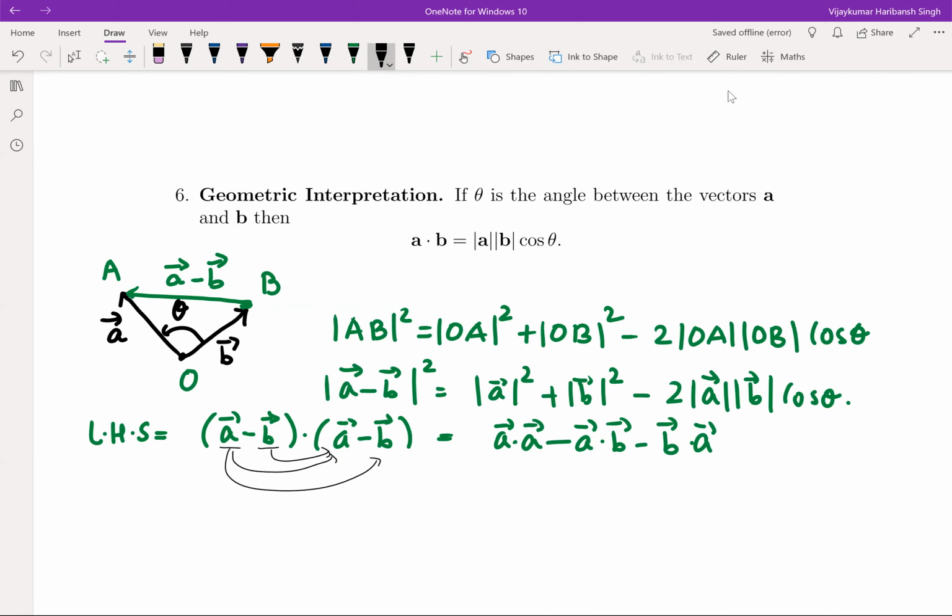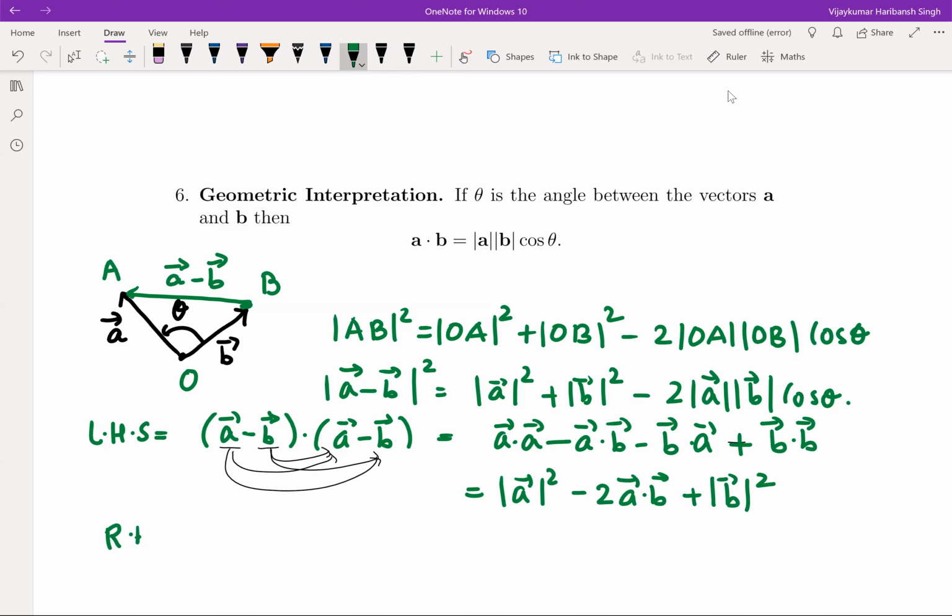We get B dot A, and then we multiply this one with this. We get plus B dot B. So this is going to be length of A squared minus 2 A dot B, because A dot B is the same as B dot A, plus length of B squared.